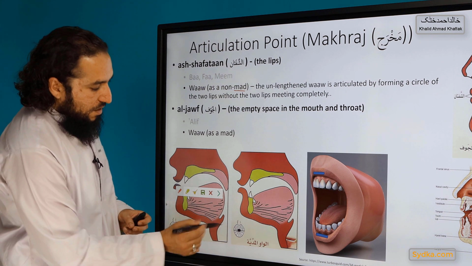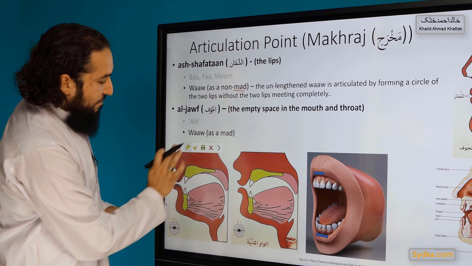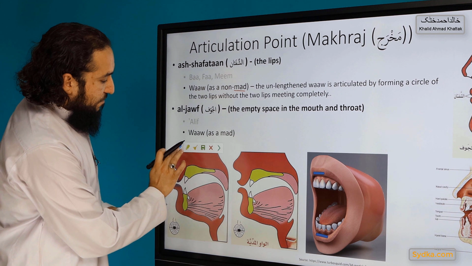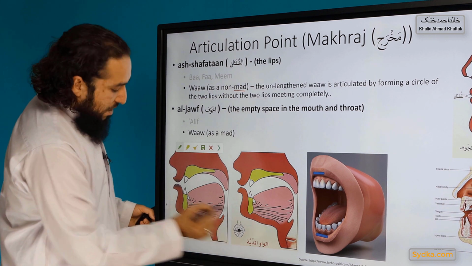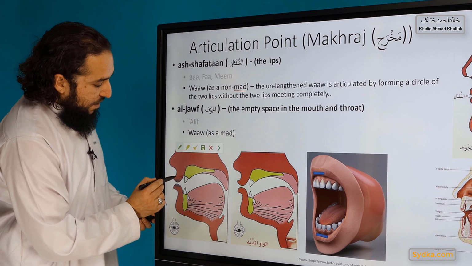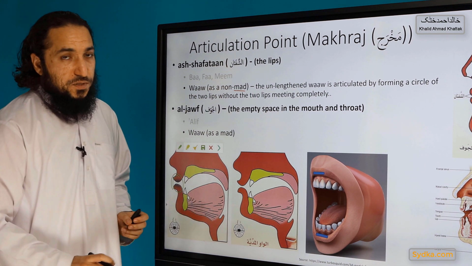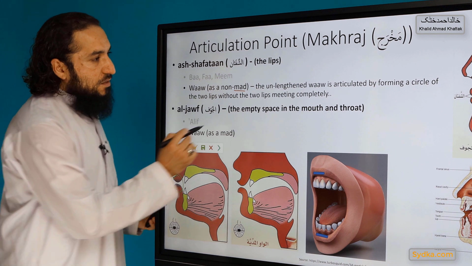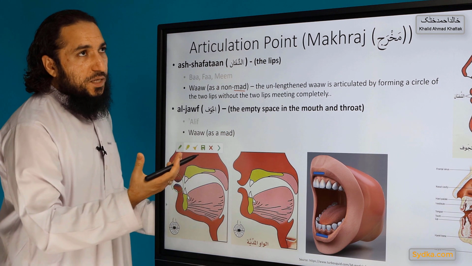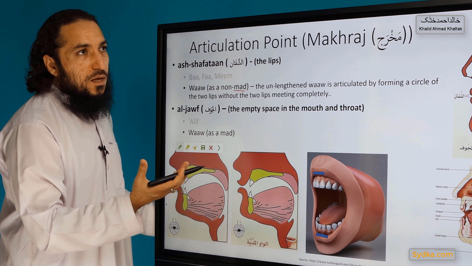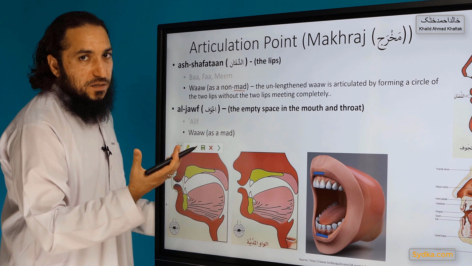So if you see here, that's Waw. The main force is here on the lips, and nothing else is involved. The sound will be ow, ow, and that's when it is a consonant.